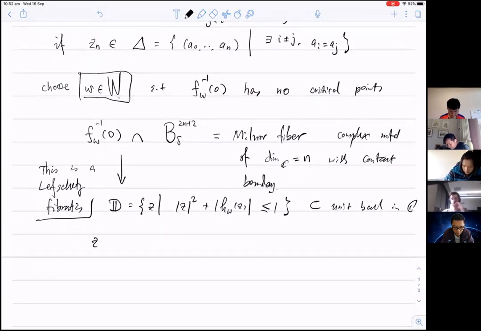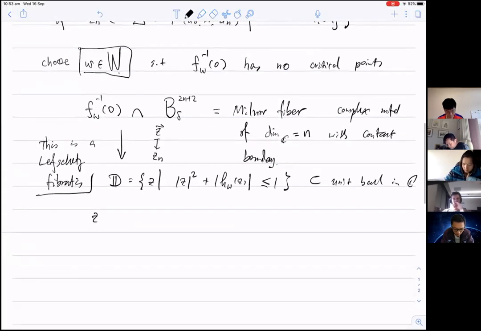this Zn, so this is essentially taking that satisfaction, and it's mapped to Zn. So if you look at the equation, the equation is the sum over i from 0 to n minus 1 plus hwz, and this is 0.